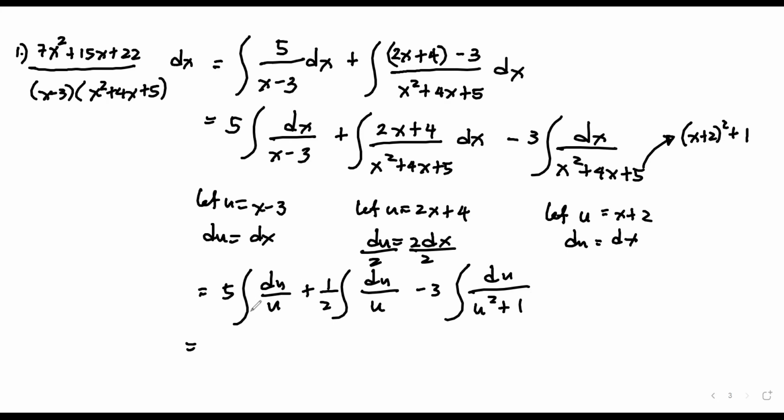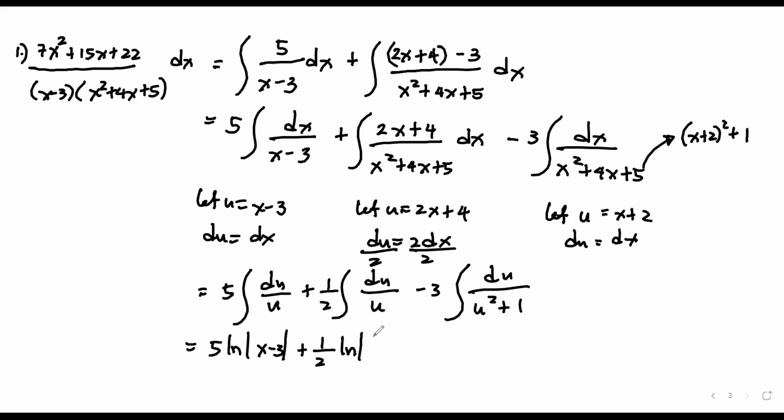Now, let's integrate. The integral of du over u is 5 ln. Our u is x minus 3 plus 1/2 ln. du over u is ln u.